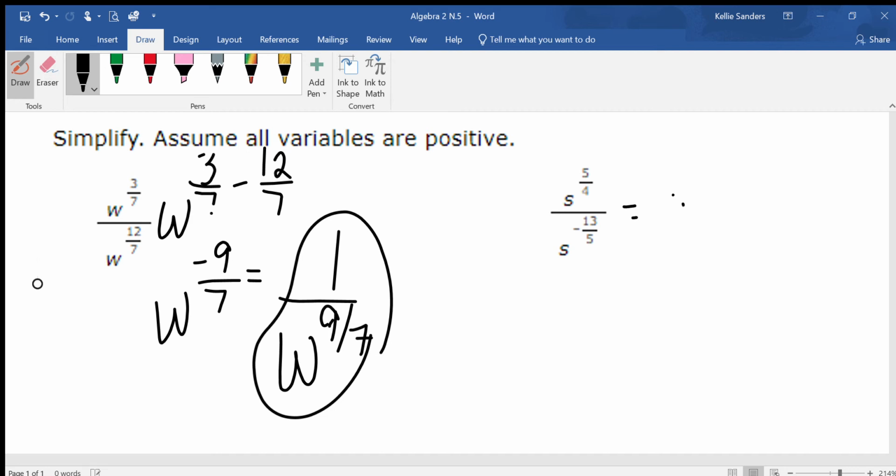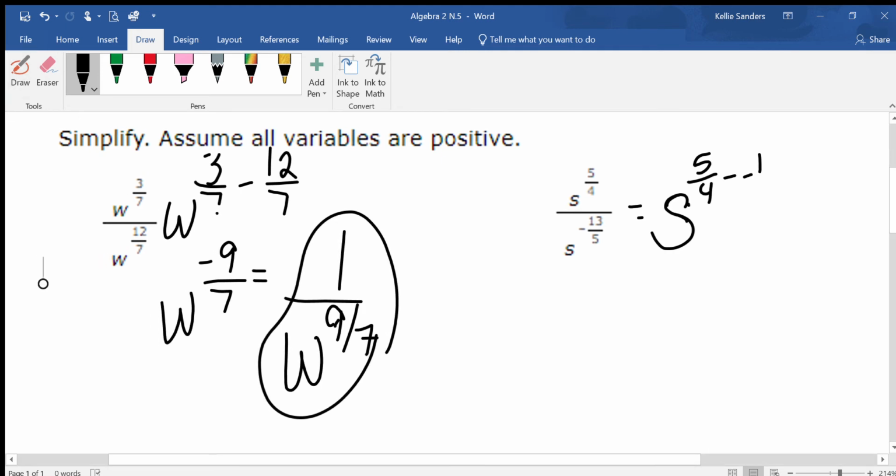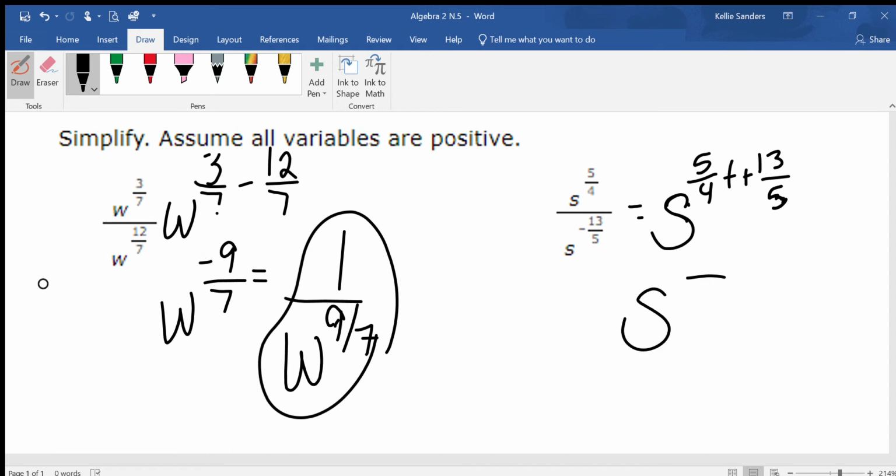On this one, we have S to the 5 over 4 minus a negative 13 over 5. What happens when you minus a negative? You're actually adding. What's the common denominator between 5 and 4? 20.